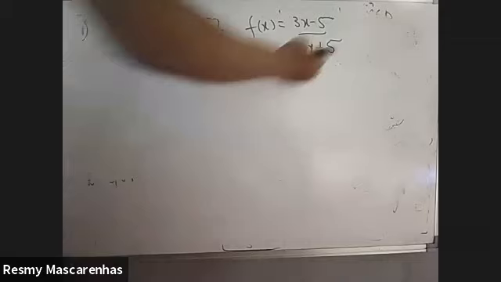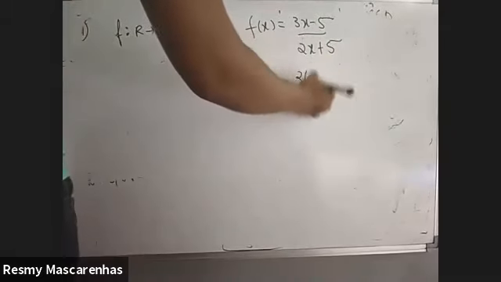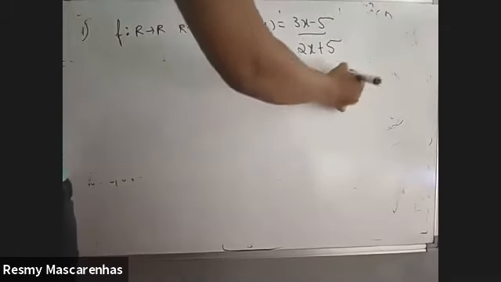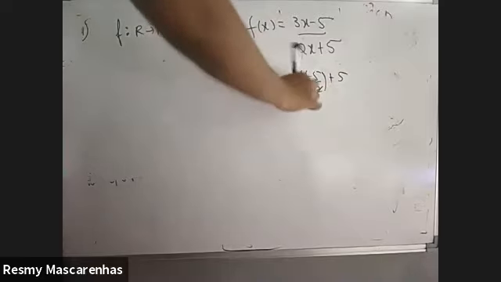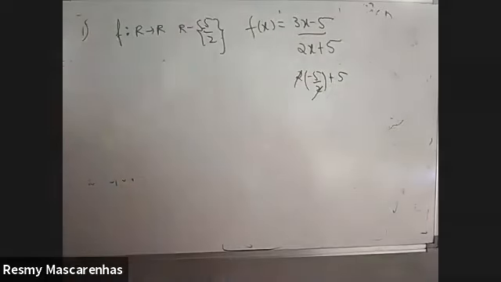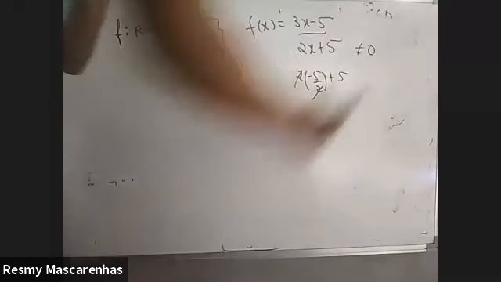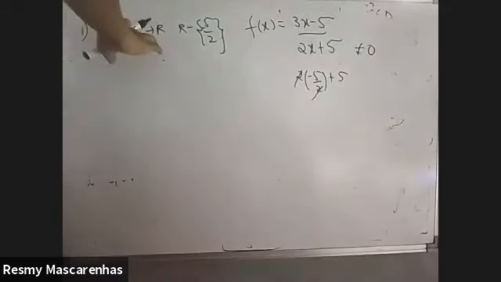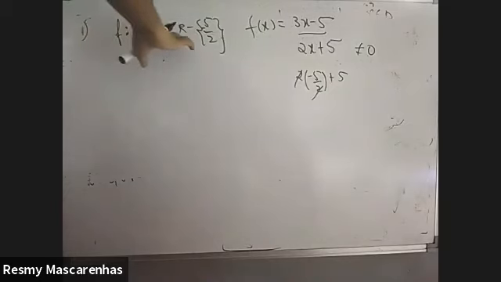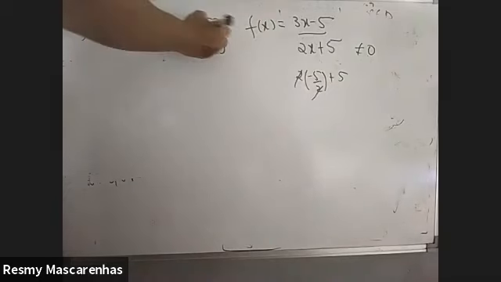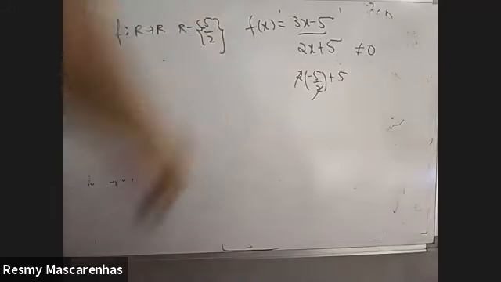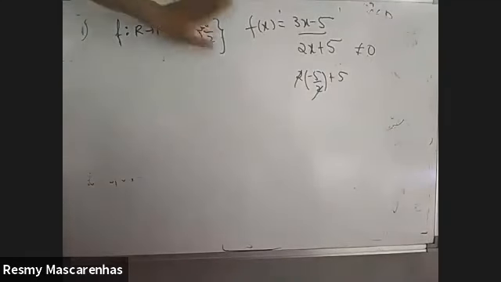Suppose you put minus 5 by 2 into 2x plus 5, what you will get is minus 5 plus 5, which is 0. So the denominator should never be equal to 0. That's why they are saying it works for all real numbers except minus 5 by 2. But you don't have to worry, don't even look at it.